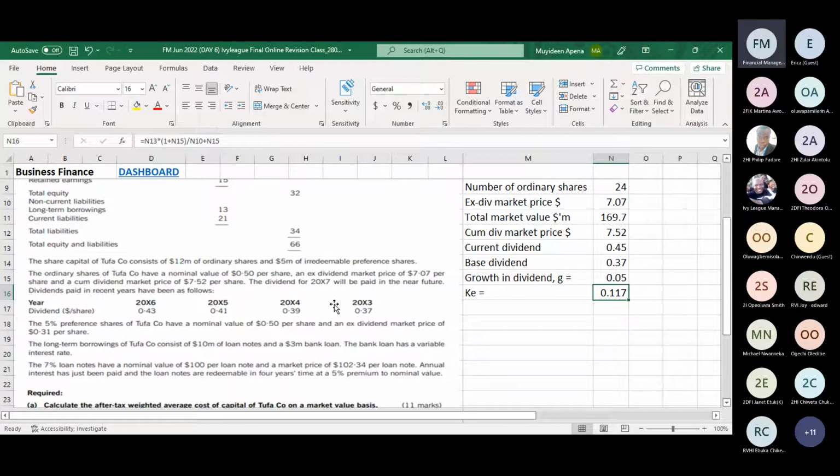Which means that when you have a cum div market price, that price is inclusive of dividend. That's why we have to back out our ex div market price from it to know what that dividend actually is. So it's just consolidating on that statement. Okay, so please take note.